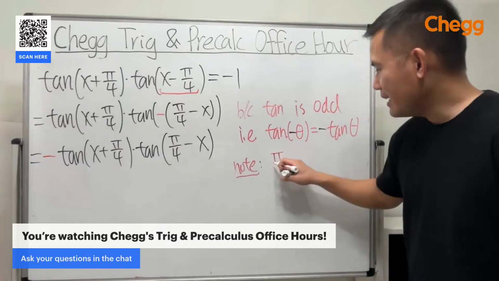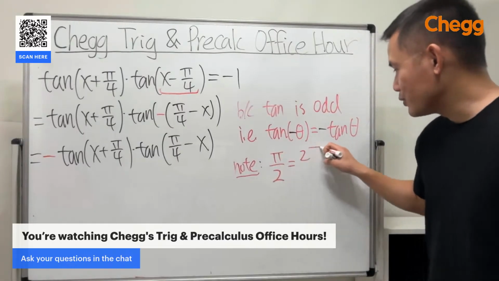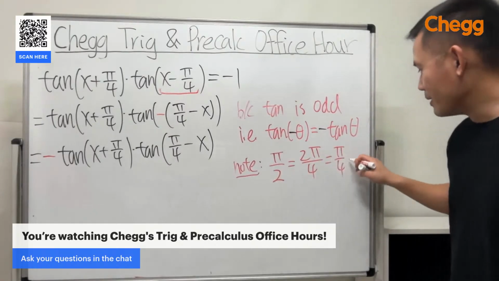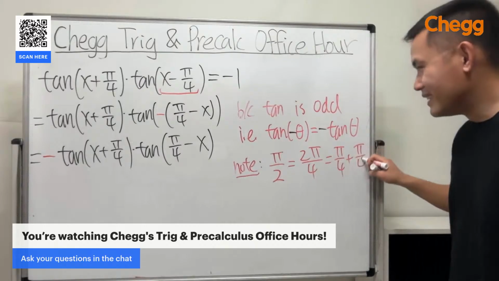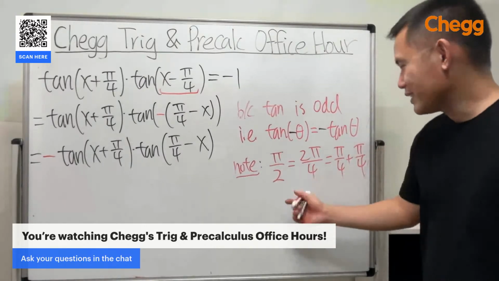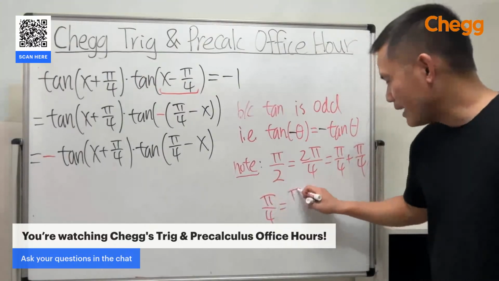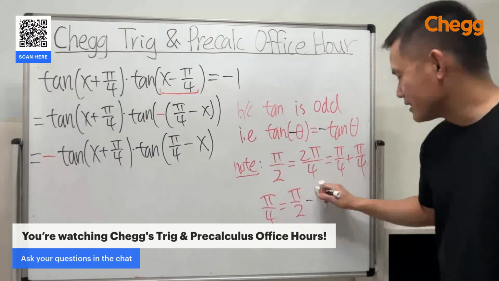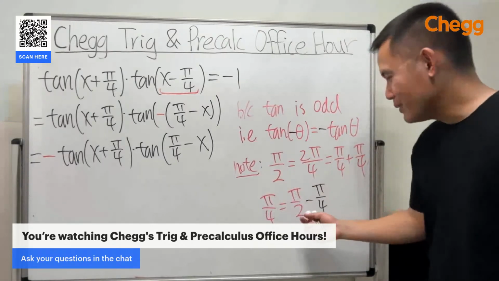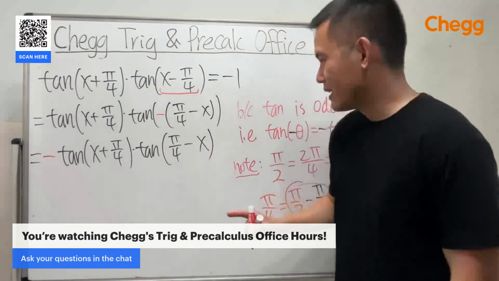Pi over 2 is the same as 2 pi over 4, which is the same as pi over 4 plus pi over 4. So what I'm going to do is say pi over 4 is the same as pi over 2 minus pi over 4. Fair enough? And I'm going to put this for that.